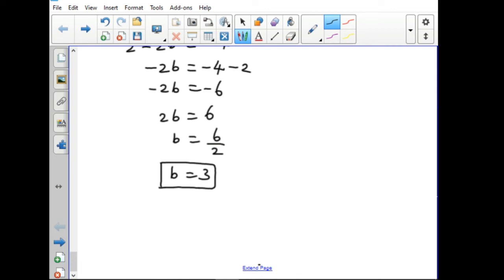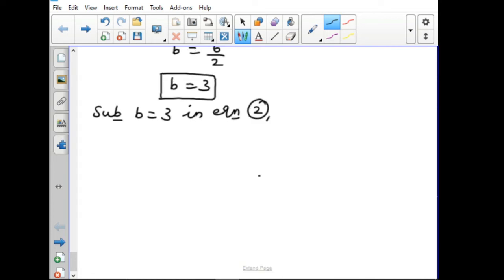Next we have to substitute a and b in any other equation to get c. Substitute b equal to 3 in equation 2. In equation 2 we substitute to get the value of c.